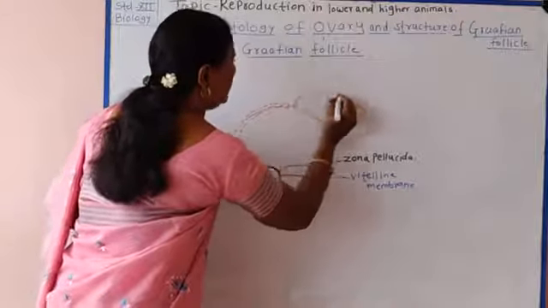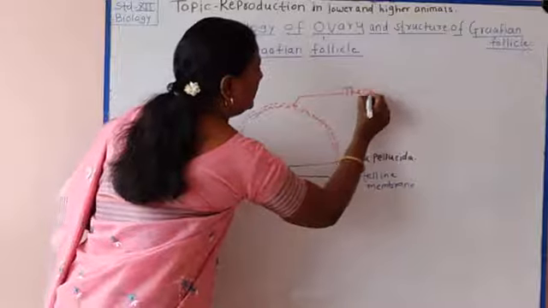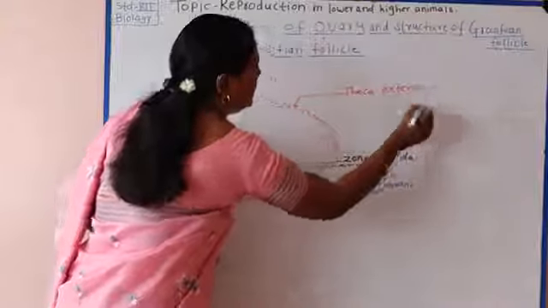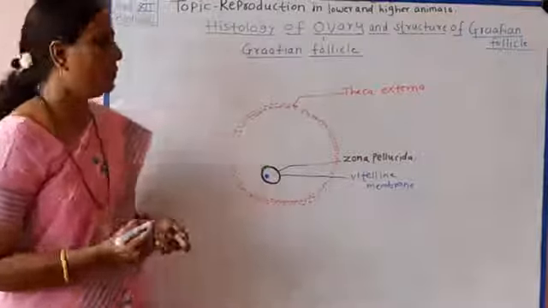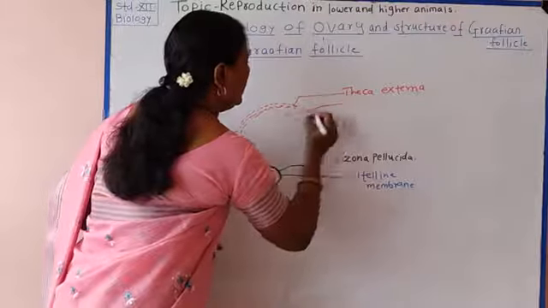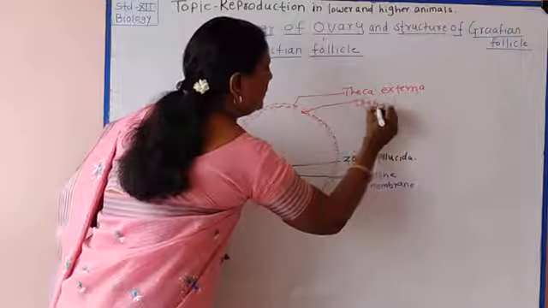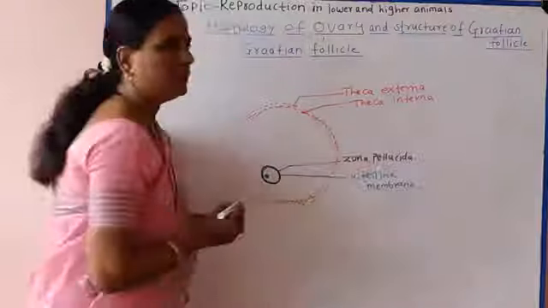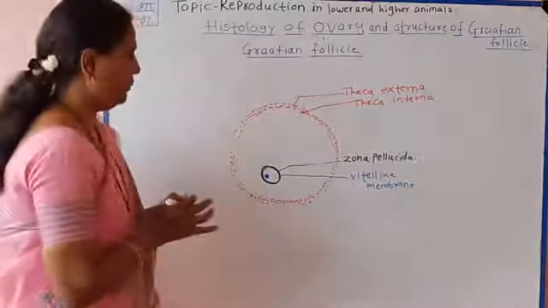The outermost is the theca externa, the fibrous connective tissue layer, and inside there is a cellular layer. It is called the theca interna.